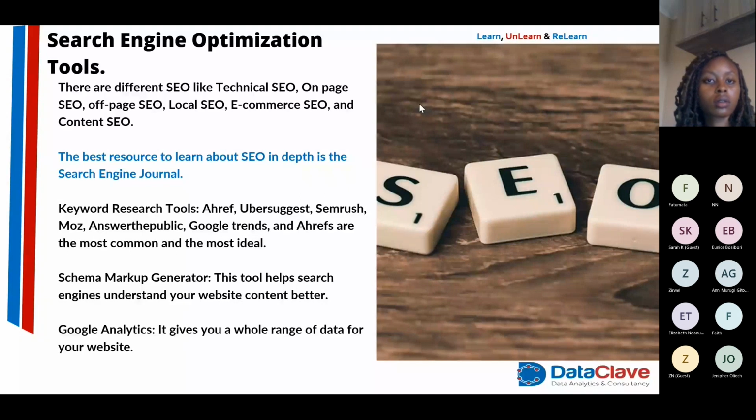You can Google SEO tools, and I'm very sure there are other tools I've left out for the different types of SEO. You can just go through them on your own time. But these are the main tools for SEO.